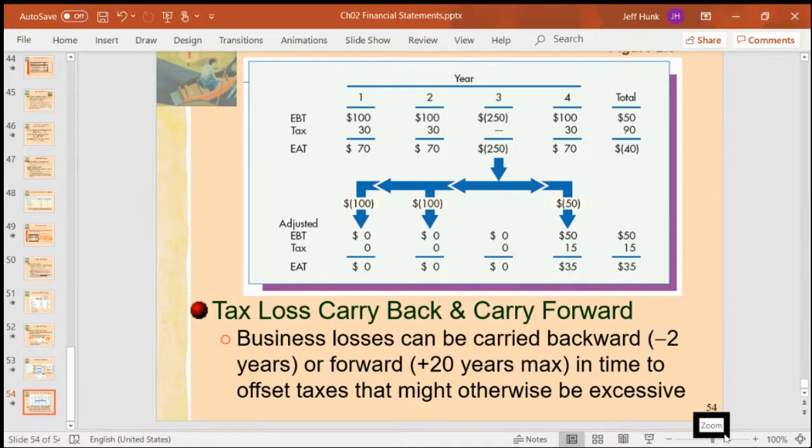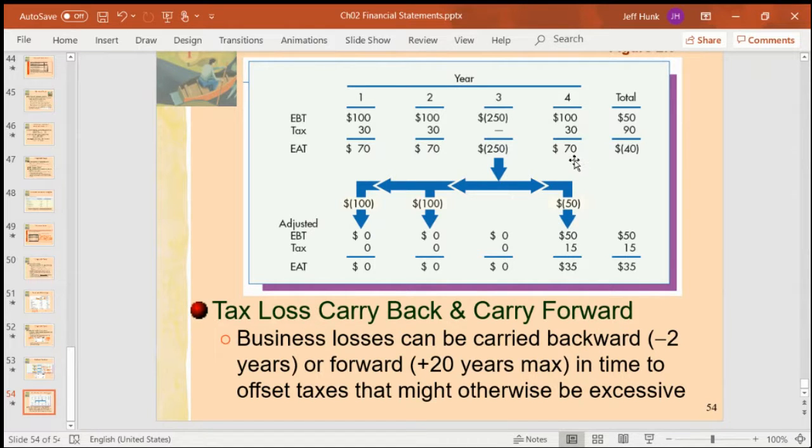So look at EBT for year one, year two, year three, year four. In years one and two, you paid taxes and you had positive net profit. Year three, you had a bad year and EBT is negative, so you pay no taxes, and your EAT is negative.